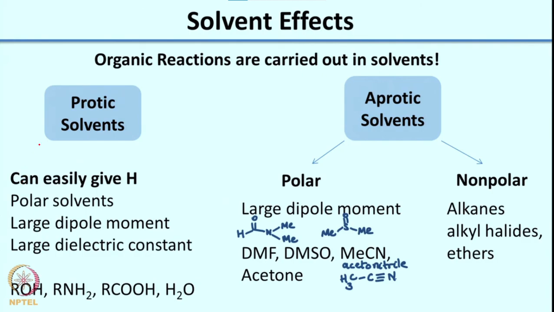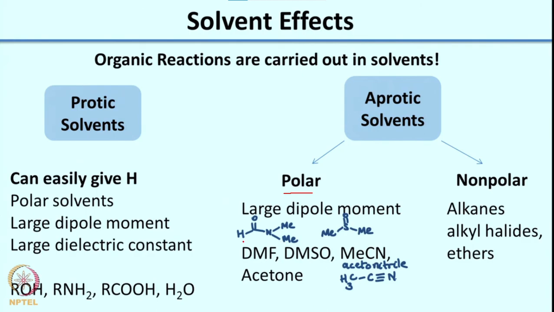Now talking about the aprotic solvents, aprotic solvent means a solvent which doesn't have H plus ion. Proton is not there. In aprotic solvents also there are two classes, that is polar and non-polar. Polar class means the bonds present in this type of molecule will be polar, so a large dipole moment will be there if polarity is there, right? The examples given here are DMF, DMSO, acetonitrile and acetone.